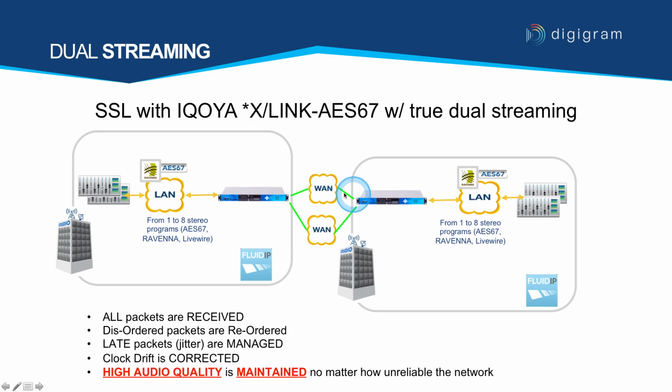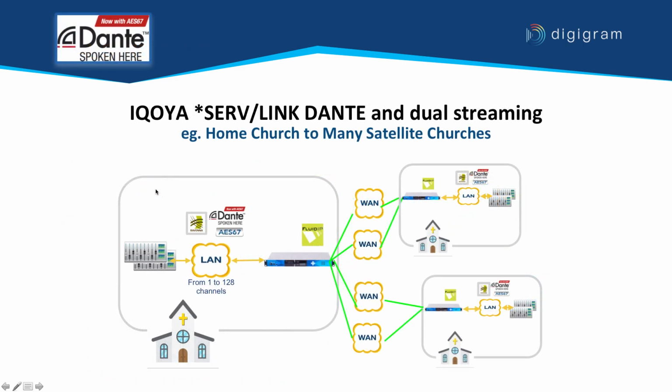It takes a separate path over the internet somewhere else in the world, receives that signal, and then we go out into whatever local audio format is going on here. But regardless, all the packets are received, disordered packets are reordered, late packets are managed, clock drift is corrected, and high audio quality is maintained no matter how unreliable the network. This is one example. Maybe a different example could be a home church to many satellite churches.